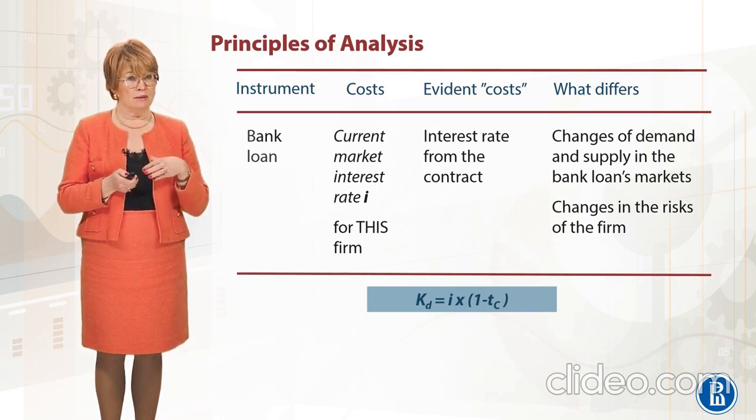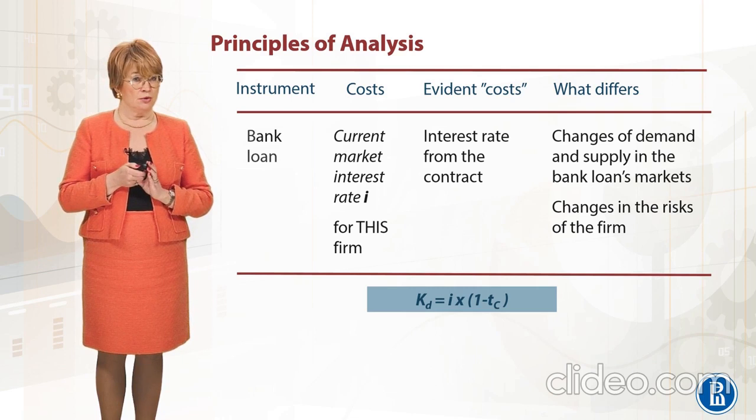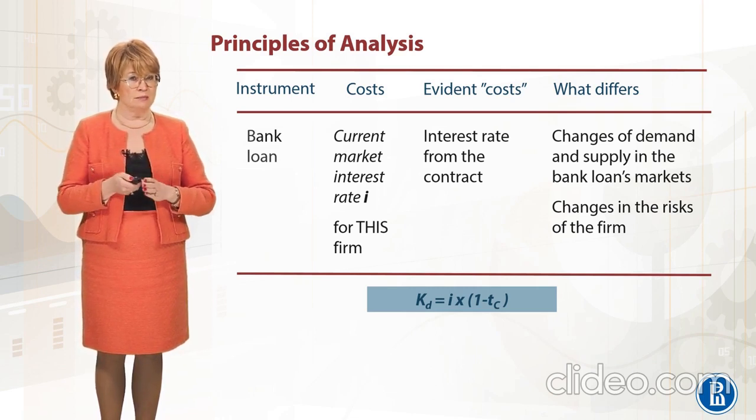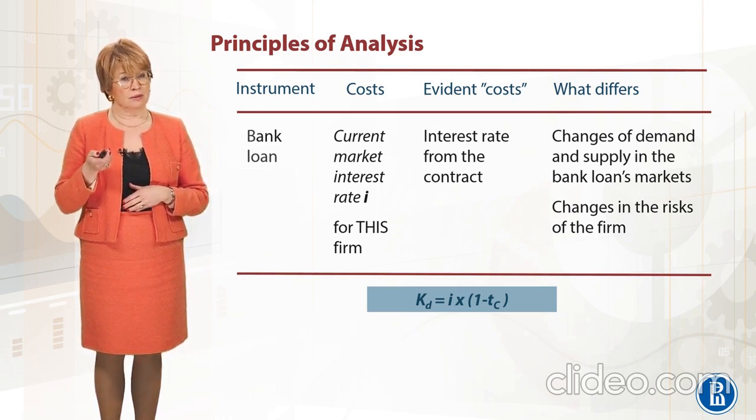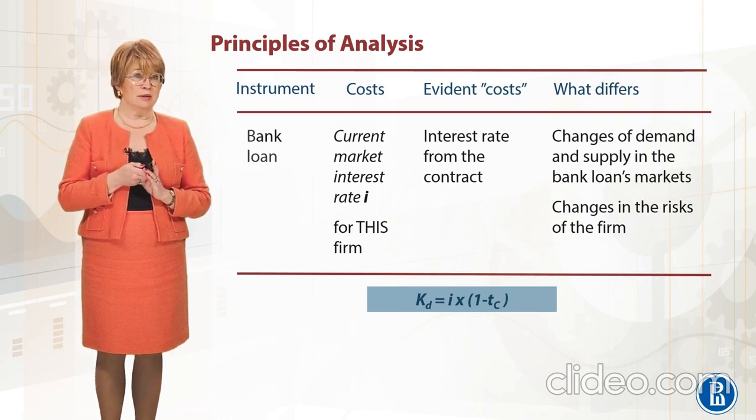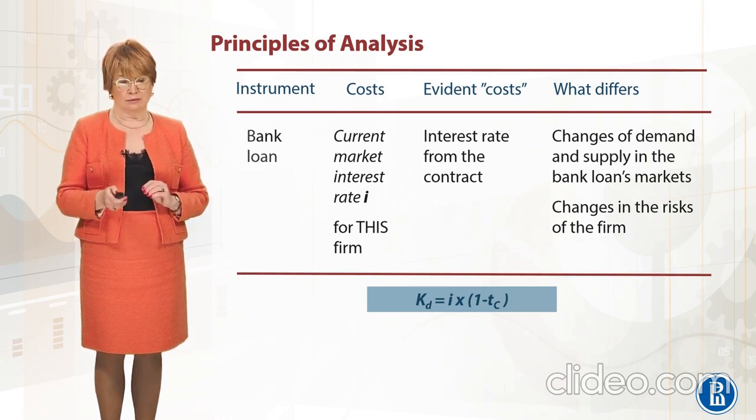And this is not just an evident thing. You need to apply some specific approach. Finally, your cost of debt is a product of this current market interest rate, here denoted as I, multiplied by the tax shield coefficient, 1 minus the corporate tax rate.